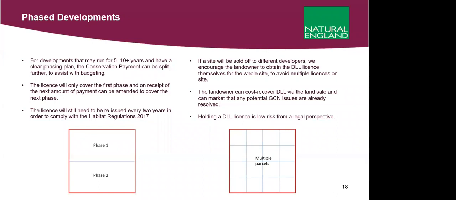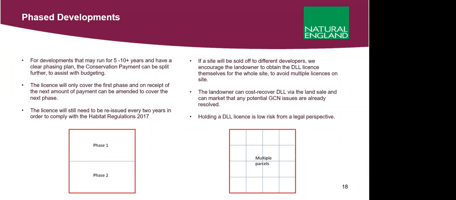And a DLL license is very low risk from a legal perspective, because of the flexibility in the conditions of the license and how DLL works. There's no mitigation or compensation required on site. So the only main way a license could be breached is if activities were to occur outside of the license boundary of the site, which the majority of the time is the planning red line boundary, and therefore that would be a breach of planning as well.